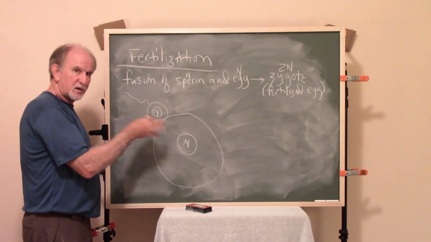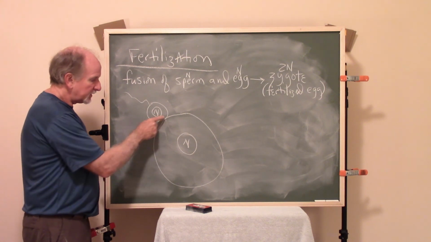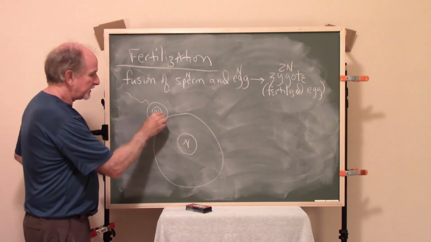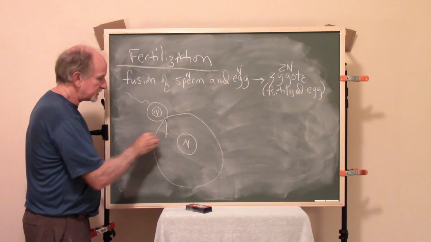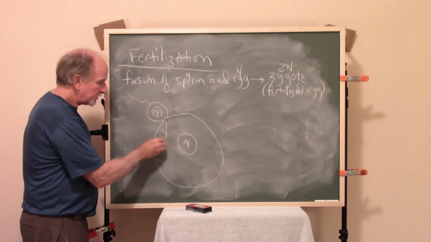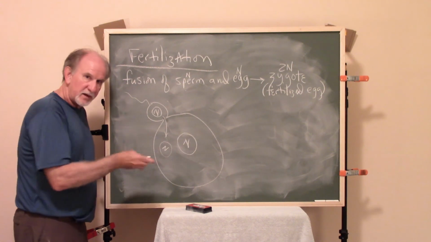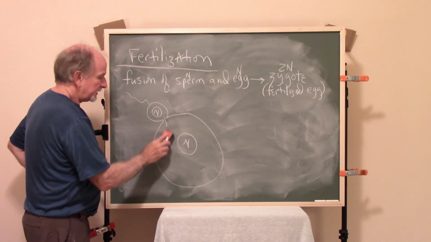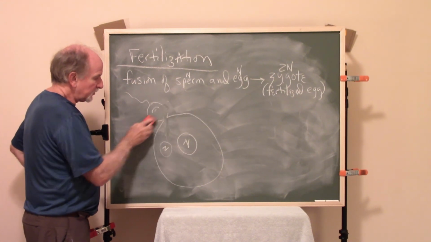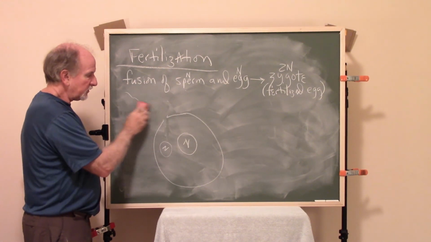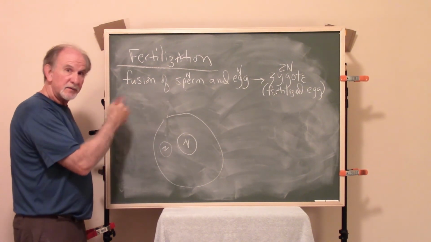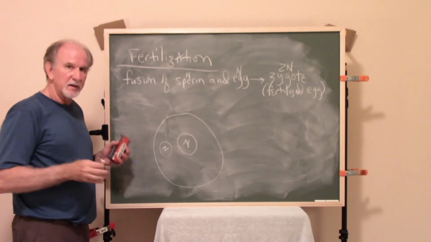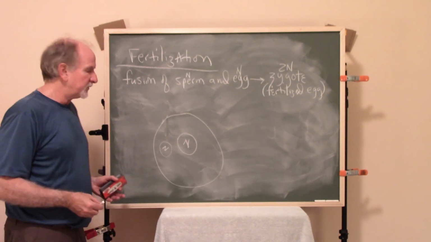When a sperm makes contact with the egg, a hole opens up, and the haploid nucleus from the sperm cell goes into the cytoplasm of the egg. And then the sperm cell falls off and dies. And the plasma membrane of the egg cell heals itself.